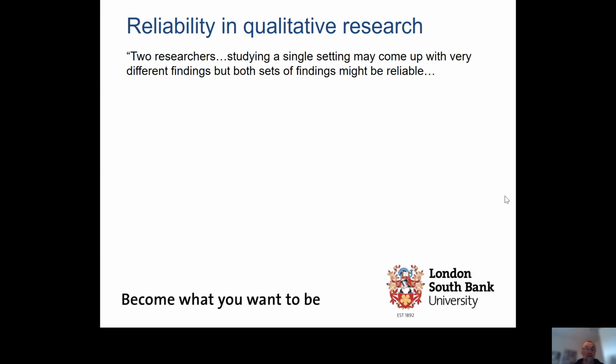Two researchers looking at the same words, the same quotes from participants, could interpret them in different ways, but both of those interpretations could be reasonable. So in a sense, the data is reliable. Both findings are reliable, but they're contradictory because different people will interpret what people say in different ways, which is interesting.